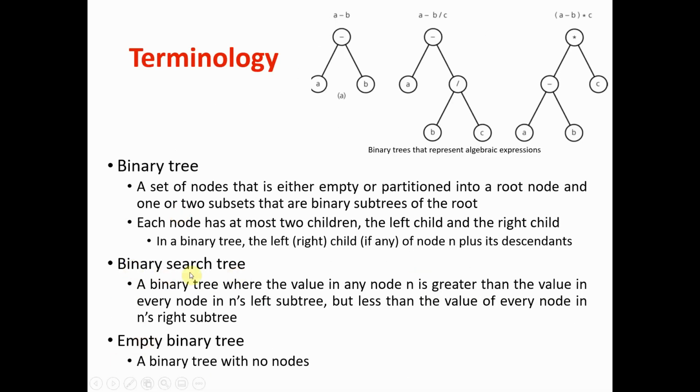A binary search tree is a subcategory of binary trees. So a binary search tree is a binary tree where the value in any node n is greater than the values in every node in n's left subtree, but less than the values of every node in n's right subtree.